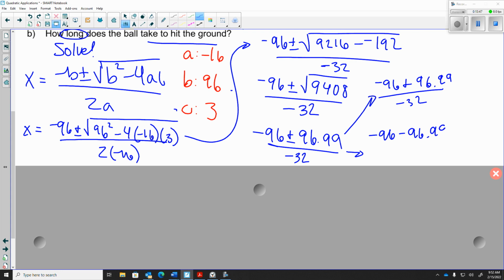So one of the x's is going to be negative. Yep. Let's figure out which one it is first. If you do this, negative 96 plus that divided by negative 32, what do you get? Like negative 1 over something? Negative 0.003? Negative 0.03.